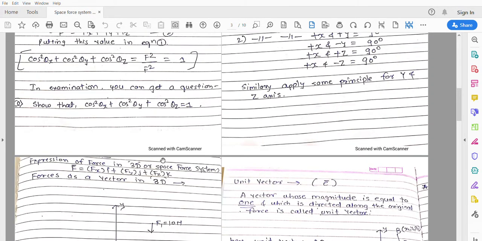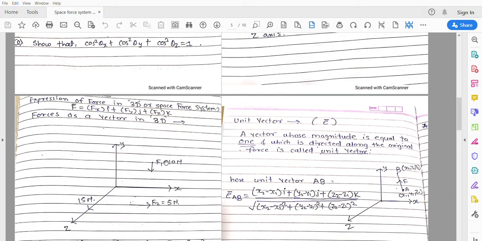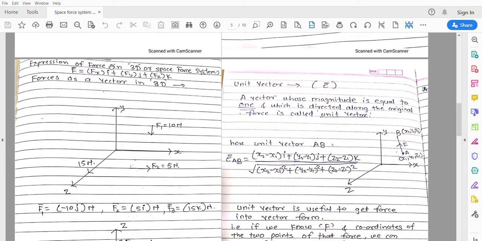Now in a three-dimensional force system, we generally represent force in vector form as F bar is equal to Fx i plus Fy j plus Fz k. Here i is the unit vector assigned for forces acting along the x-axis, j is the unit vector for the y-axis, and k is the unit vector for the z-axis.